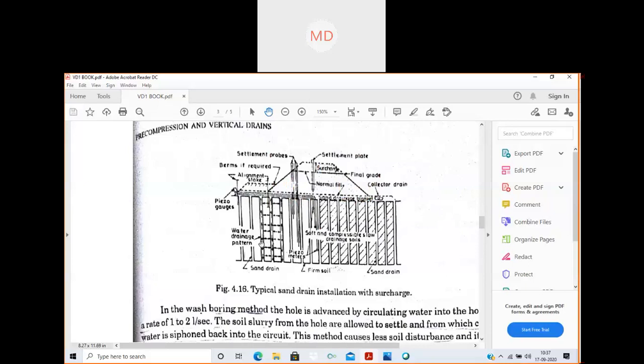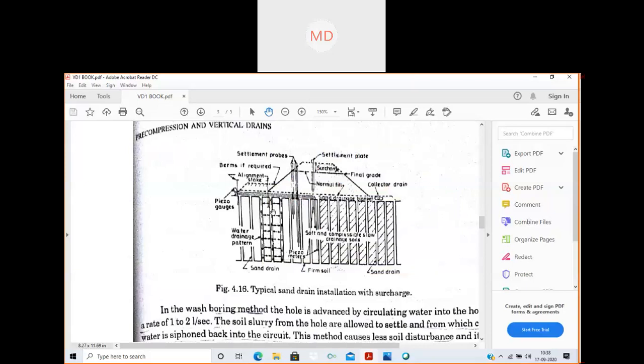The trapezoidal portion you're seeing, this is the extra load or the preload applied. If we put more load, then that is called surcharge, already explained in the preloading chapter. Then with the help of a probe, the vertical drains are inserted. Probe means that steel pipe, hollow steel pipe I told you, that you can also call a probe. These arrows show the movement of water.